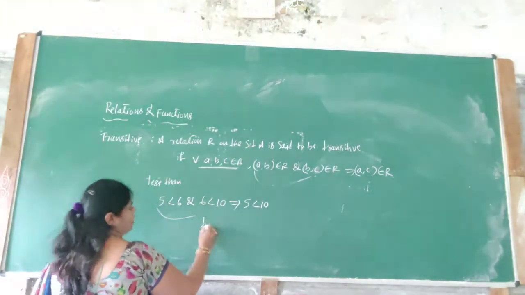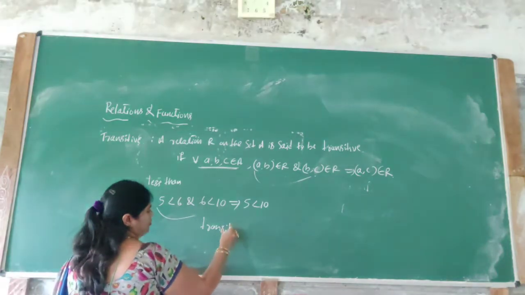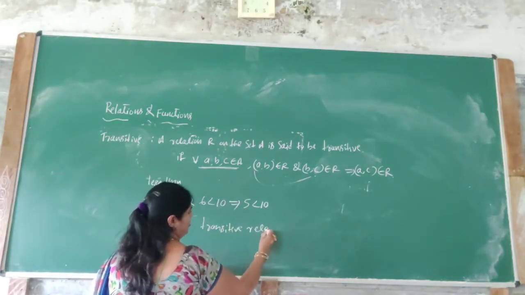Then it is called a transitive relation.